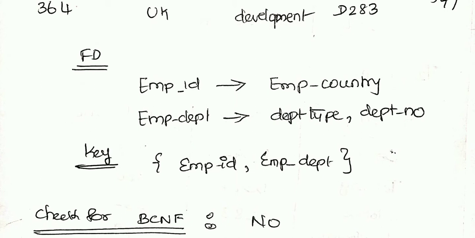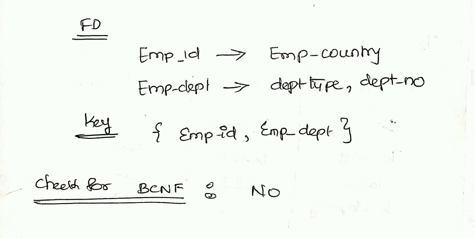If you take any functional dependency, X determines Y, X has to be a super key. A super key is a combination of attributes that specifies your key. In this example, we have a candidate key, a minimal super key, employee ID and employee department. Here employee ID determines the employee country.